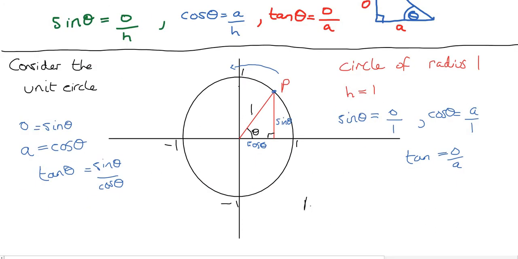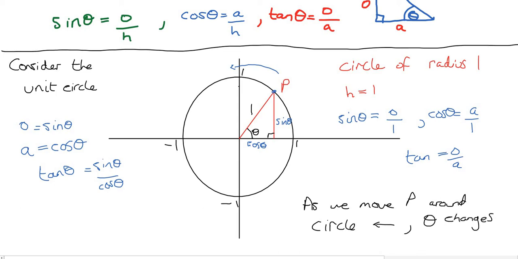So, as we move P around the circle, and I'll put this way to mean anti-clockwise, theta changes, and therefore so do sine, cosine, and tangent. But the hypotenuse stays the same. So hopefully you can see what's happening.